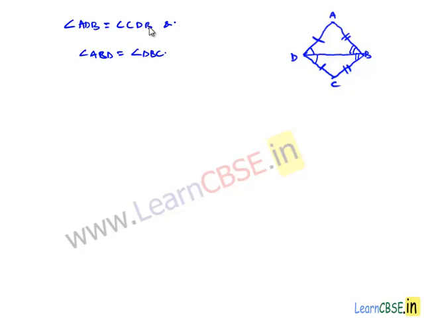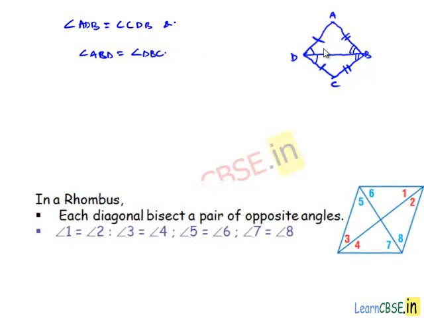So here, as angle ADB is equal to angle BDC and angle ABD is equal to angle DBC, we can say that BD is bisecting angle B and angle D. This is what our second subpart proof.